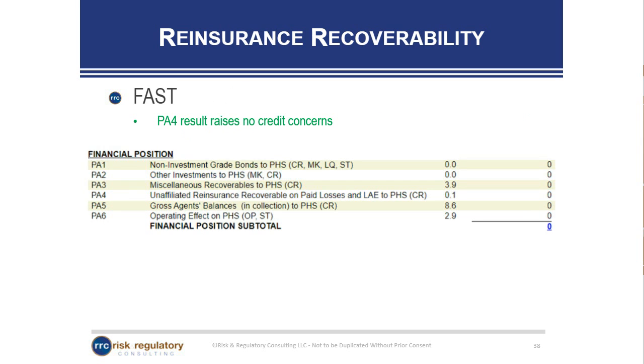The FAST scores, there's PA4, which again focuses just on that kind of minor piece that's on the balance sheet, but it questions how much is the recoverability of unaffiliated reinsurance on paid losses and LAE to policyholder surplus, and in this case, there's no concerns pointed out.